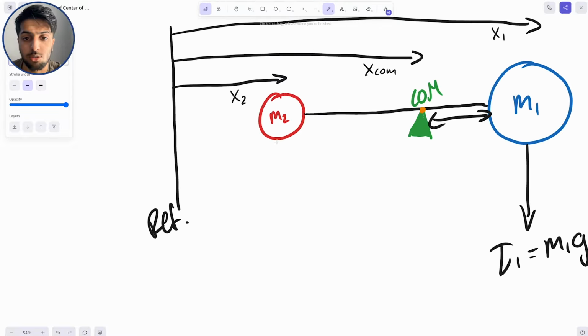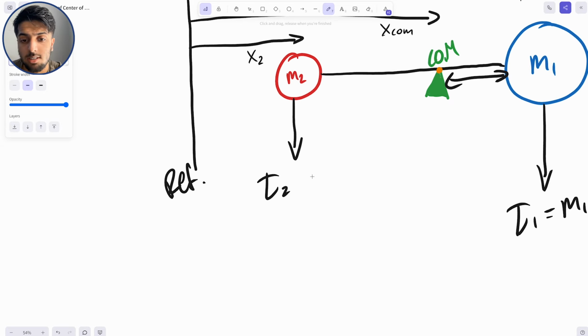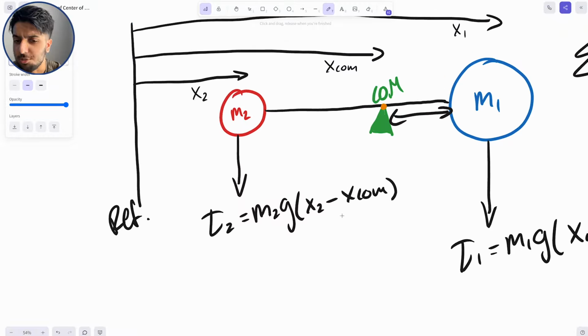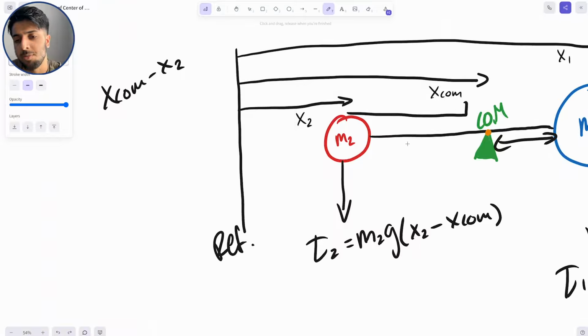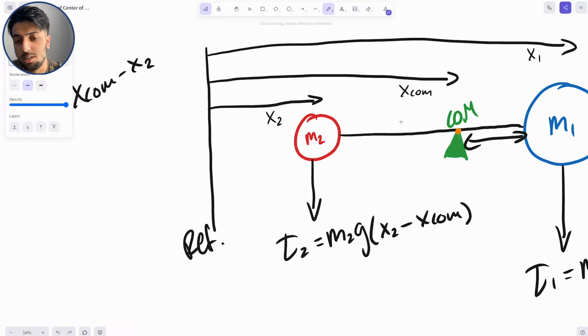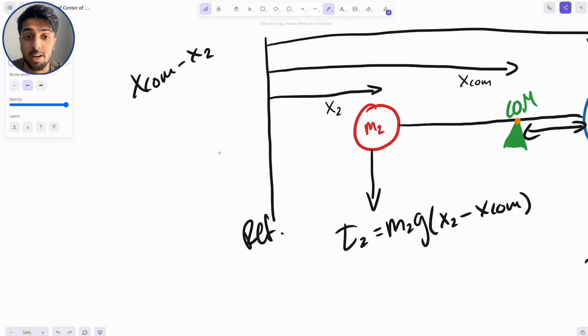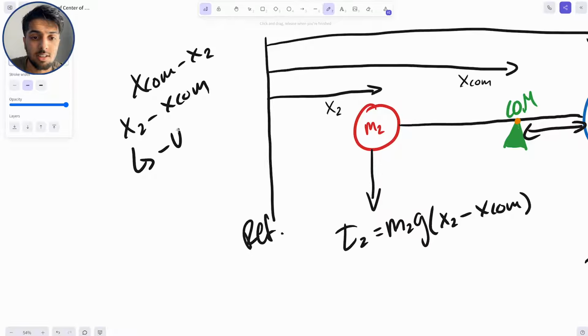Okay, now moving on to the torque produced by M2, we can say a similar thing: M2 g times (x2 minus x center of mass). Now you might be thinking, why did we do x2 minus x center of mass when logically we should have done x center of mass minus x2, right? Because that would have given us this distance right here, which is similar to what we did on the previous one. However, we did x2 minus x center of mass, as this gives us a negative value.